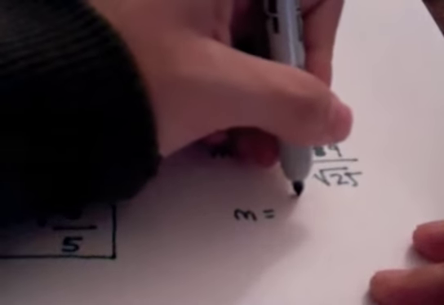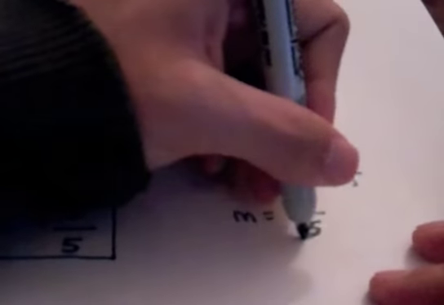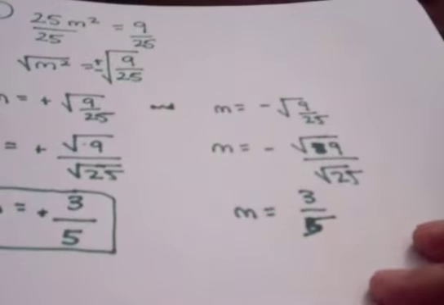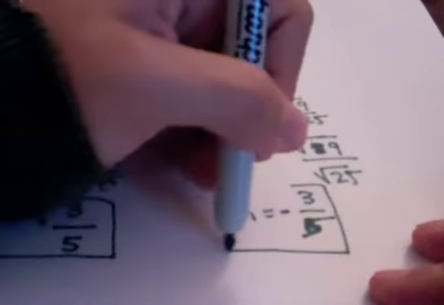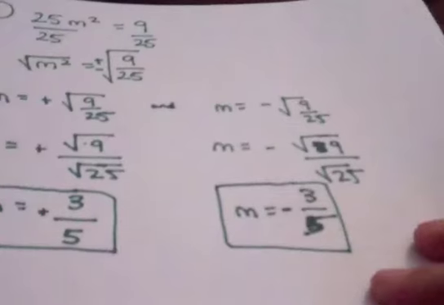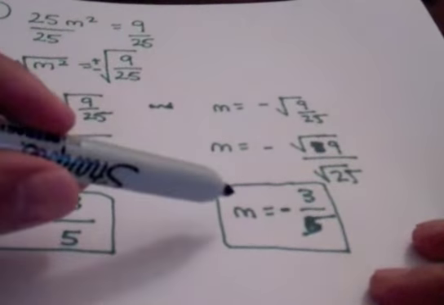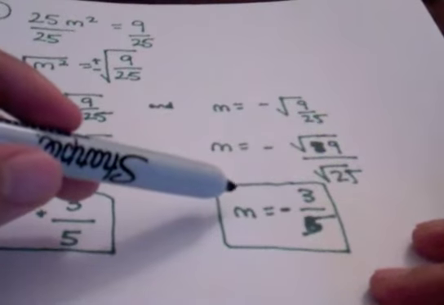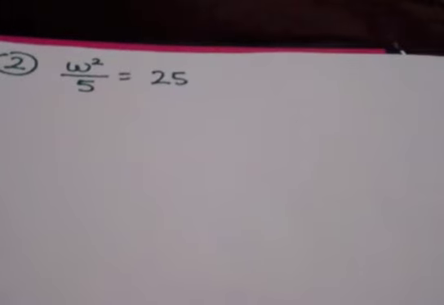So m is going to be the square root of 9 is 3, and the square root of 25 is 5. And this is negative. So the solution to this problem is that m is positive 3/5, or m can be negative 3/5.